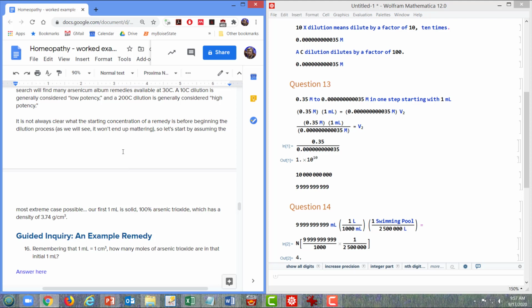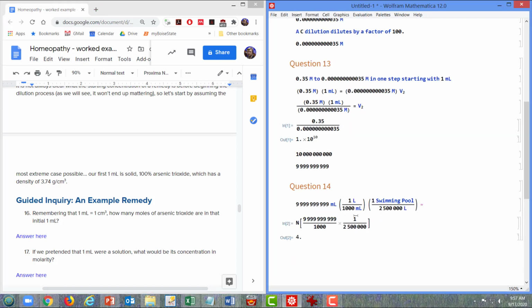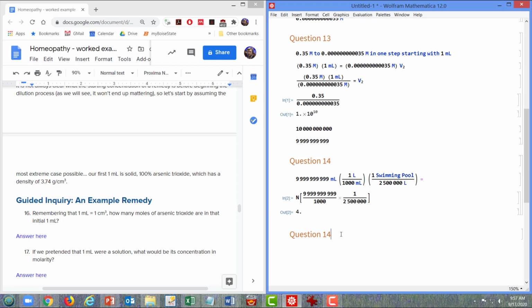We also are looking at a specific example of arsenic trioxide, and we have a density of arsenic trioxide right here. We are going to use the extreme case of our first milliliter is solid 100% arsenic trioxide. Now, remembering that 1 milliliter is a cubic centimeter, how many moles of arsenic trioxide are in that initial 1 milliliter? Well, this is again dimensional analysis. So question 16, we have 1 milliliter arsenic trioxide.